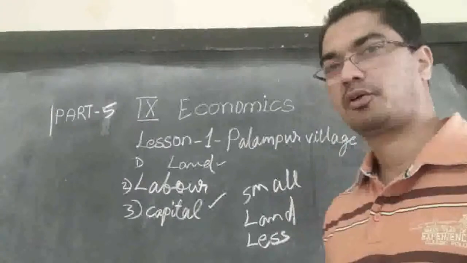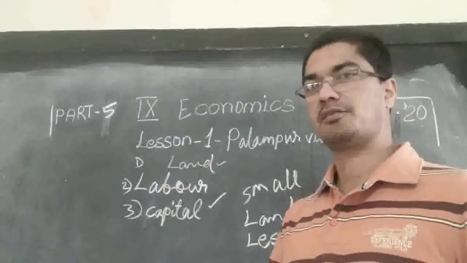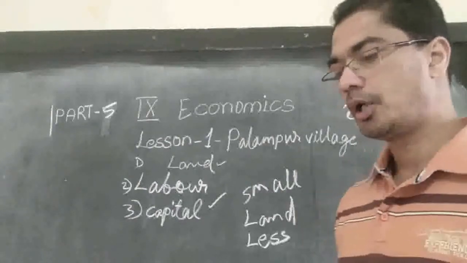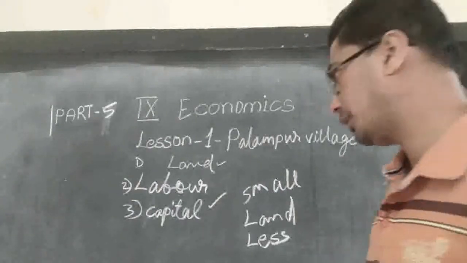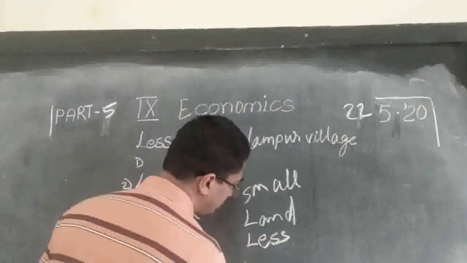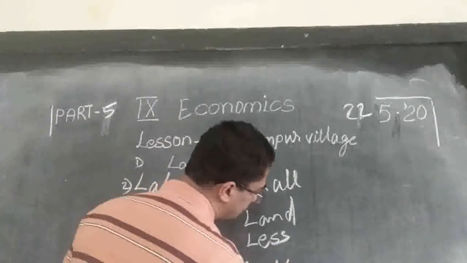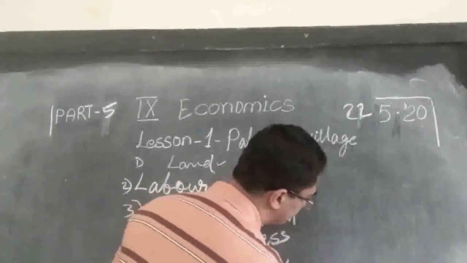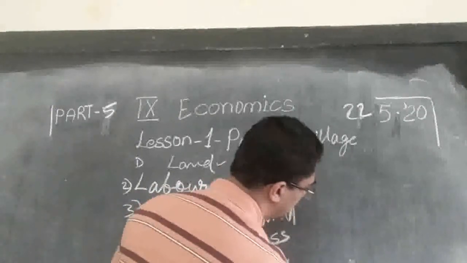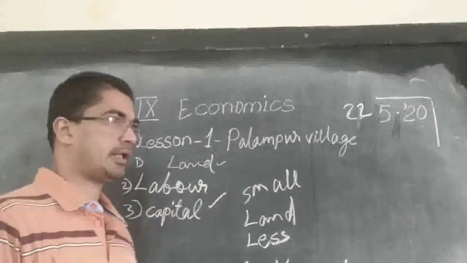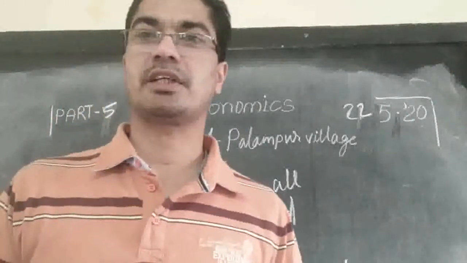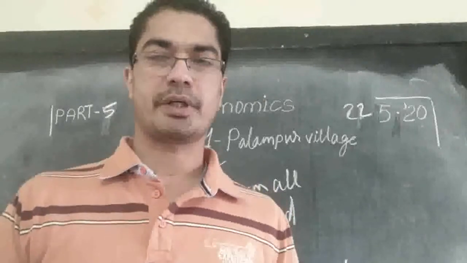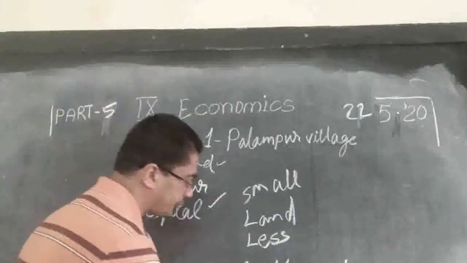That is called multi-cropping. So in a year two or three types of plants they can farm. That is called multi-cropping. And what is the second method the farmers are using? That is modern farming.